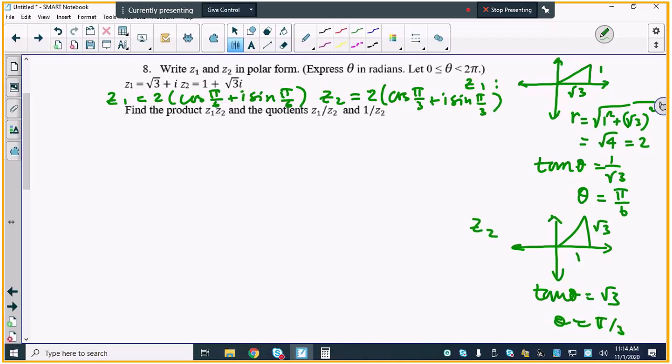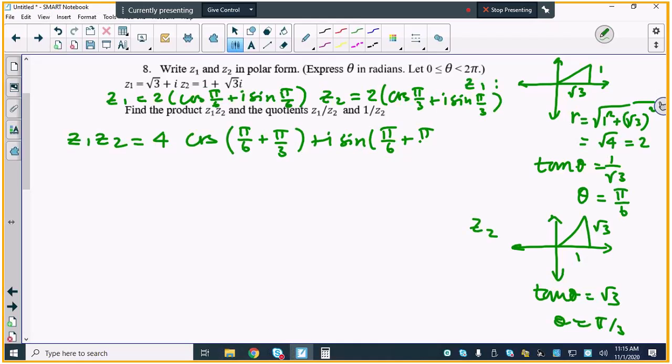So according to the formula, z1 z2 is going to be 2 times 2, so 4, cosine pi over 6 plus pi over 3. So that's pi over 6 plus 2 pi over 6, which is pi over 2. So if I want to say that first, pi over 6 plus pi over 3, plus i sine pi over 6 plus pi over 3. Then remember, I have to find the common denominator.